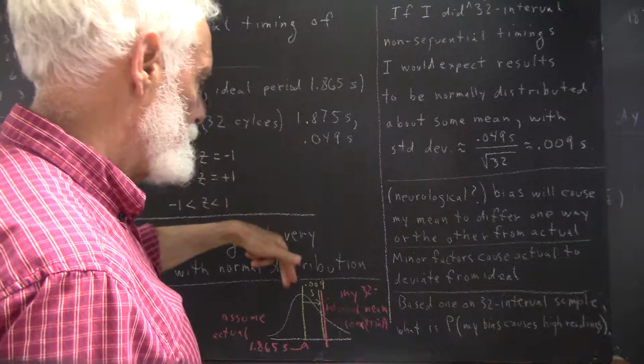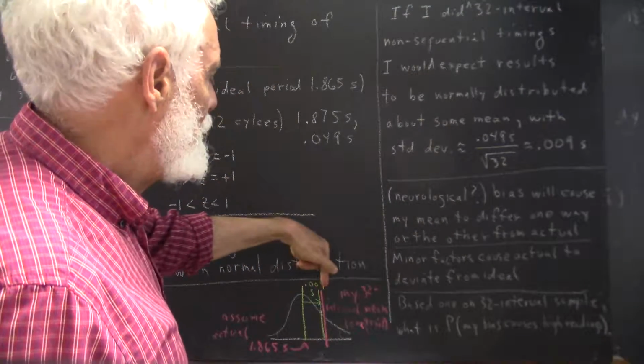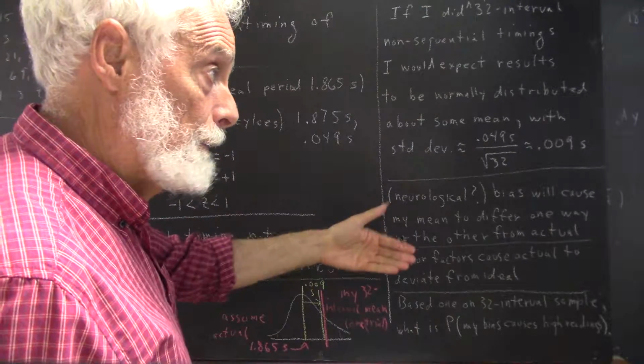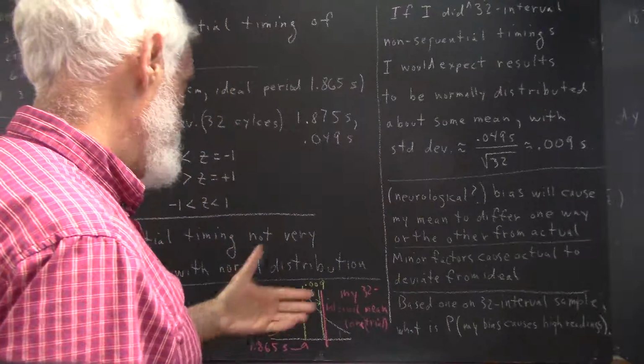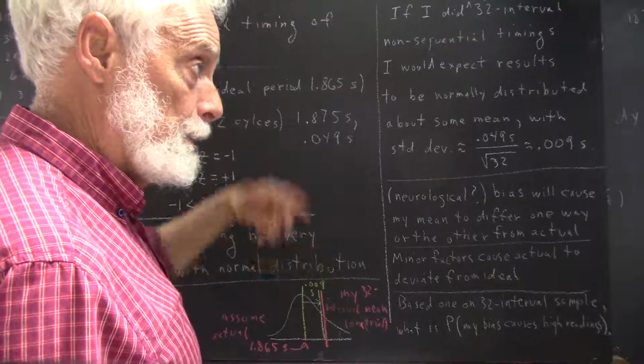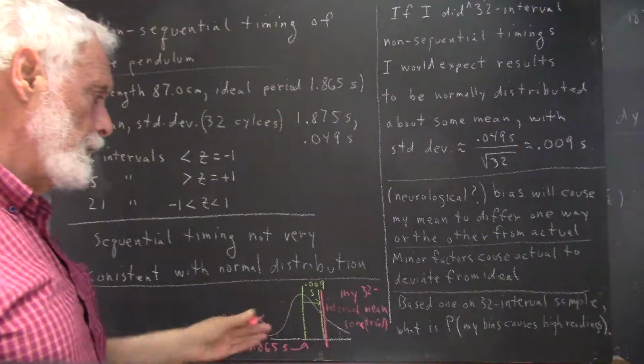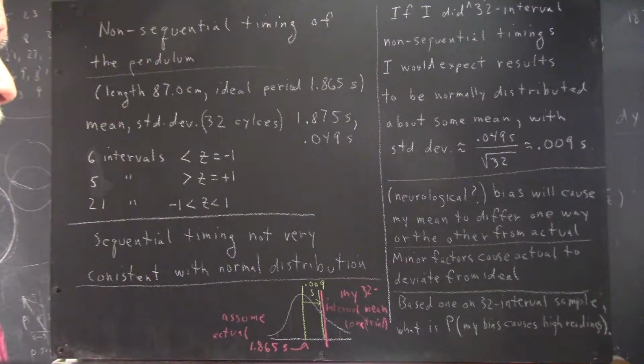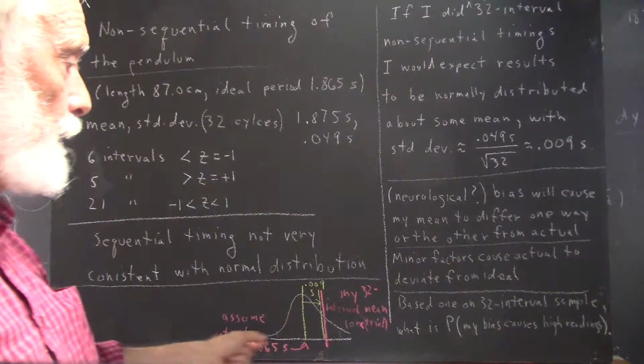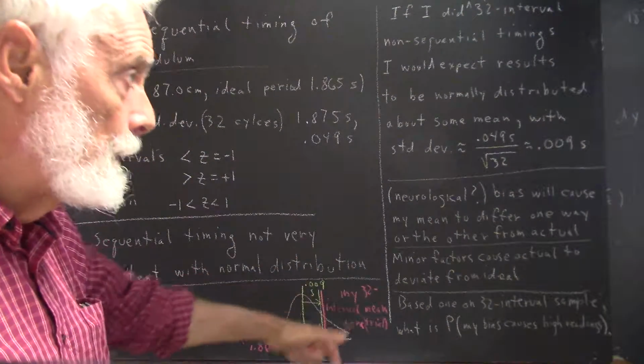It could be that just by chance I happen to be a little more than a standard deviation above the mean on that one 32 interval trial, and you would need a lot more 32 interval trials to determine whether that's actually the case. But it does seem more likely than not that I tend to time a little bit high.